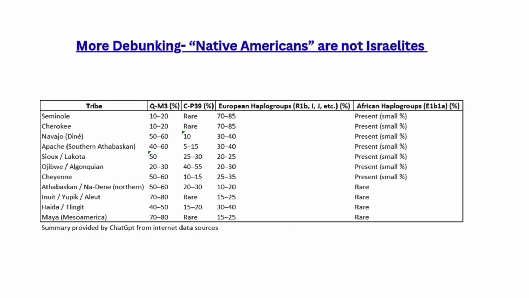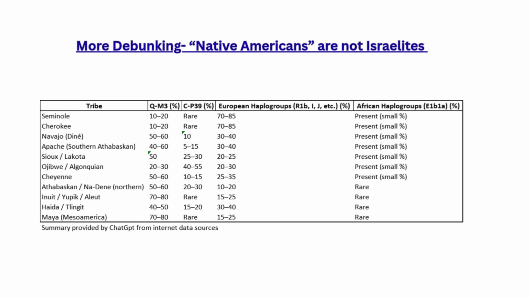Here in this table, which was put together from asking ChatGPT to show me the Y-DNA haplogroups of the various Native American tribes, you can see the tribe listed in one column, then you see the major haplogroups represented within those tribes. So the most common haplogroup is haplogroup Q, and specifically the branch M3.